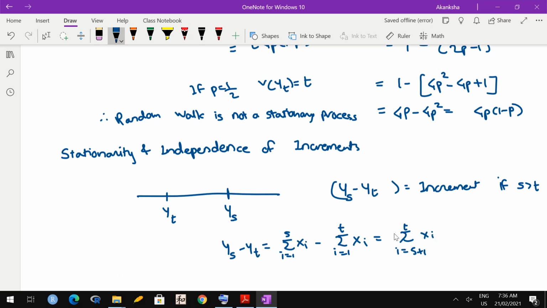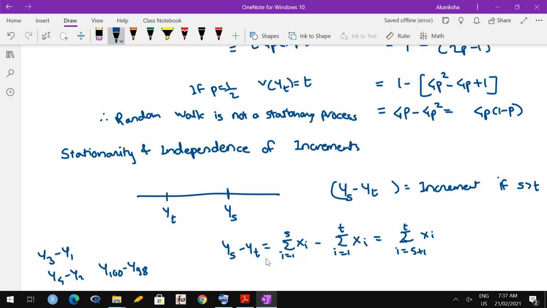Now, because the xi's are identically distributed, the distribution of ys minus yt depends on just how many xi's are involved here, correct? So y3 minus y1 will have the same distribution as y4 minus y2, or for that matter y100 minus y98, because each of these involves only the distribution of two xi's, basically x1 plus x2, because they are IID. So that's why my increments have stationary distribution.